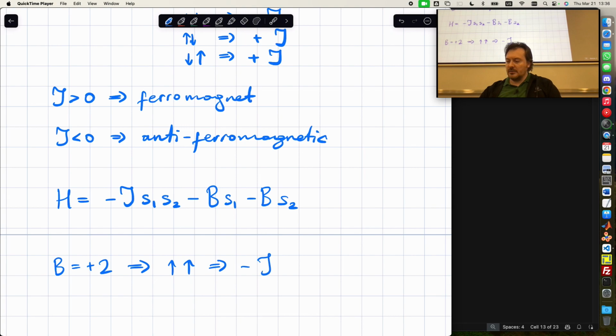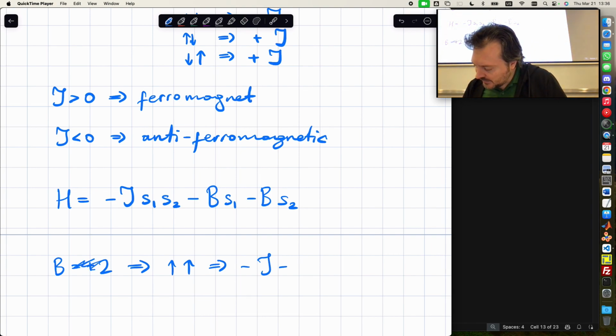Okay, let me go with just B being larger than 0. B is greater than 0. So the energy is minus J minus 2B.